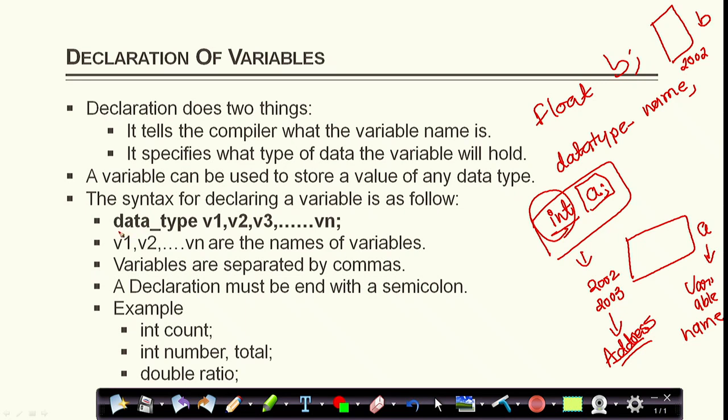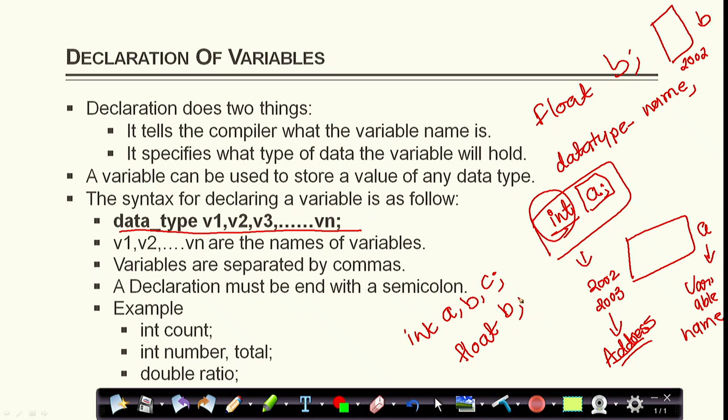The common syntax for declaring a variable is the data type, a space, then a list of your variables separated by commas. Suppose you want 3 integer variables, you can write it like this: a comma b comma c. Now suppose you want a float variable, you can write it like this: float b. These are the declarations of your variables.